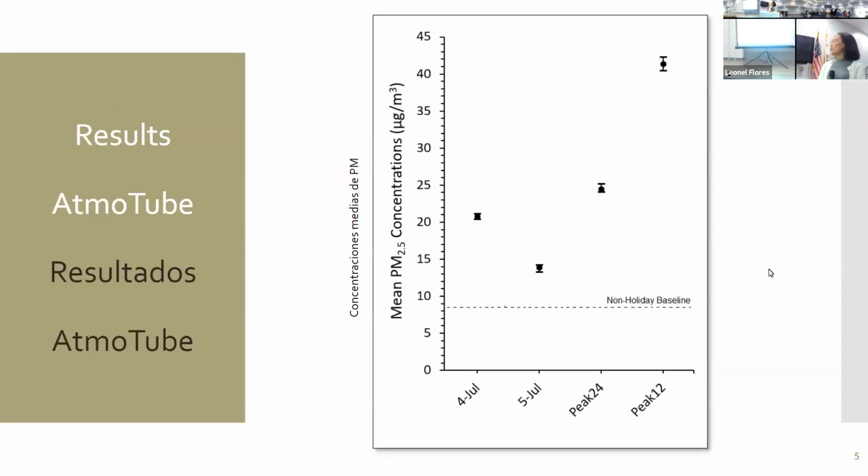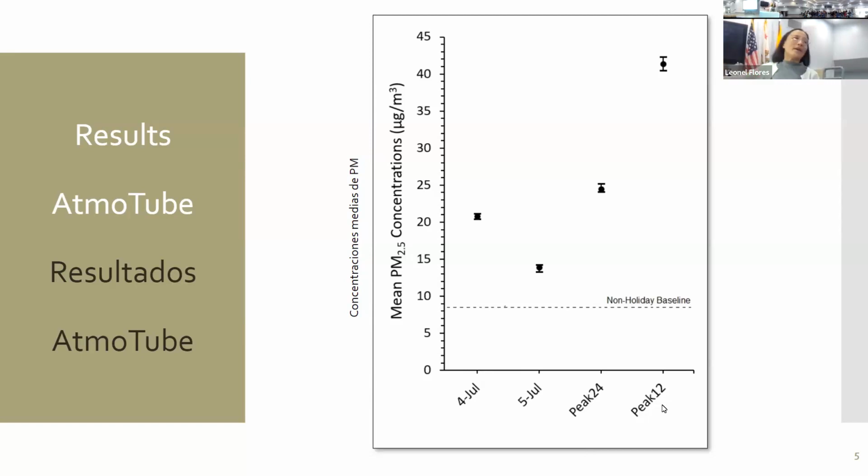This figure shows the average fine particulate matter concentration in the air outside. These results are from the Santa Ana measurements. Here we show July 4th and July 5th. On the left side is July the 4th, and the second one is July 5th, which is the daily average over 24 hours.